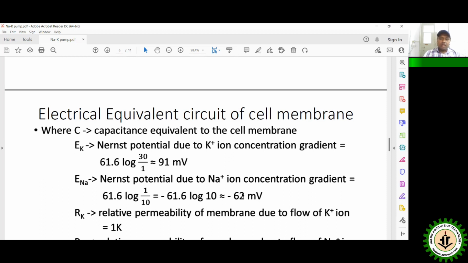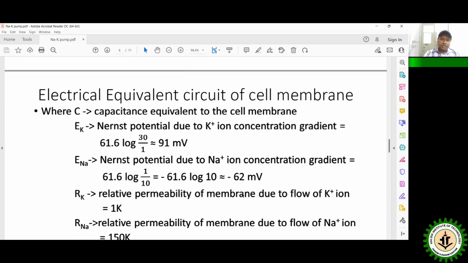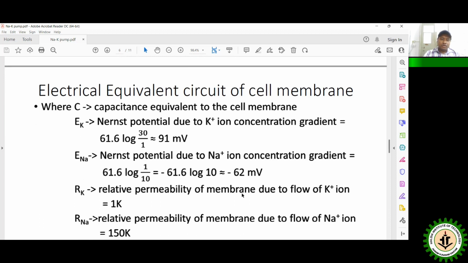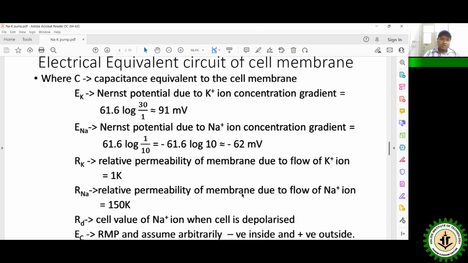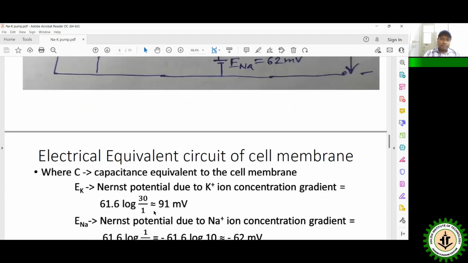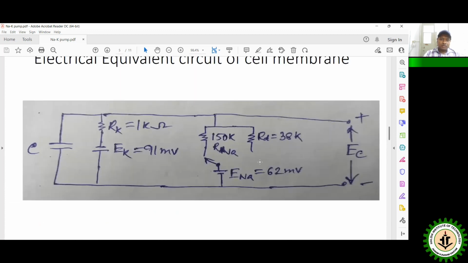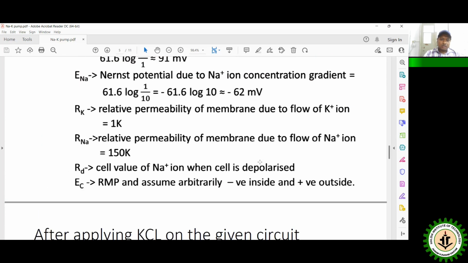Now RK is the relative permeability of the membrane due to the flow of potassium ion, which is equal to 1 kilo ohm. RNA is the relative permeability of the membrane due to the flow of sodium ion, which is 150 kilo ohm. And Rd, let us see what this Rd is equal to.